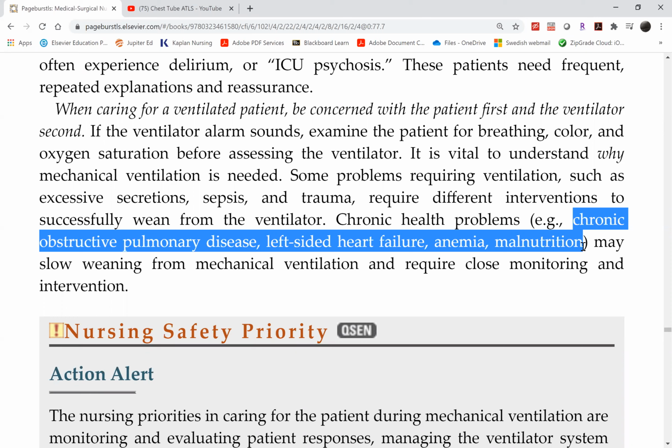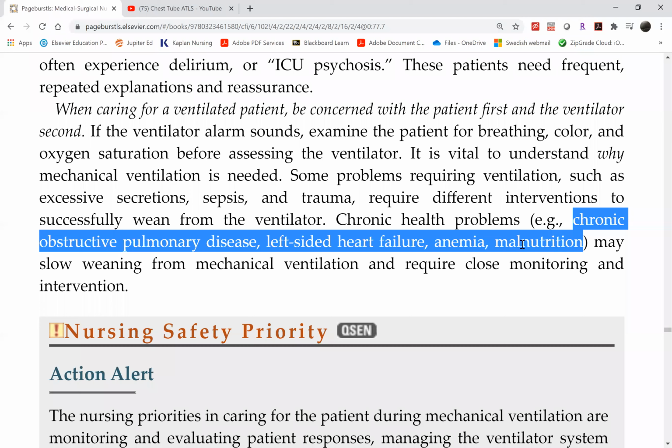Because of this, there will be increased, more than normal, intrathoracic pressure. That will put a lot of pressure on the mediastinum, causing compression of the heart more than usual. Not only the heart, but also the large vessels, the superior and the inferior vena cava, causing decreased cardiac output, and then increased workload of the heart.